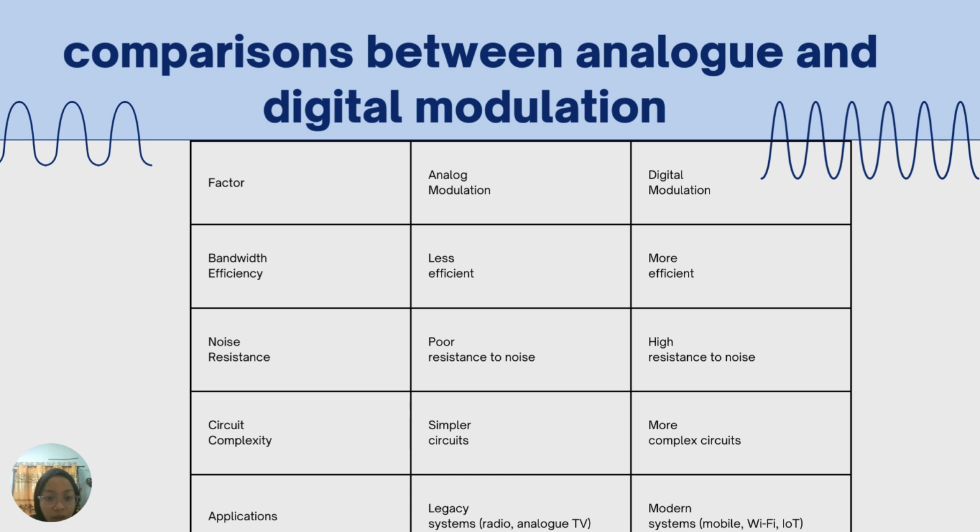Digital modulation dominates modern communication systems due to its efficiency, reliability, and compatibility with digital devices. For example, satellite communication employing high order PSK and QAM for data transmission. Digital modulation is more versatile and sees wider use in modern applications.